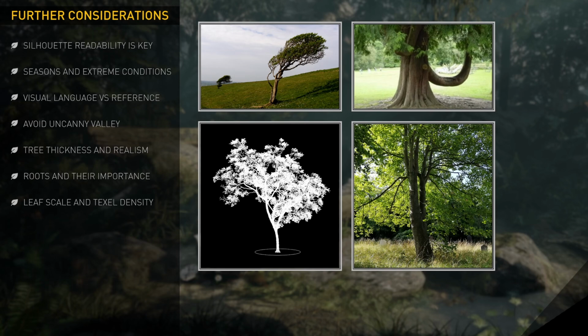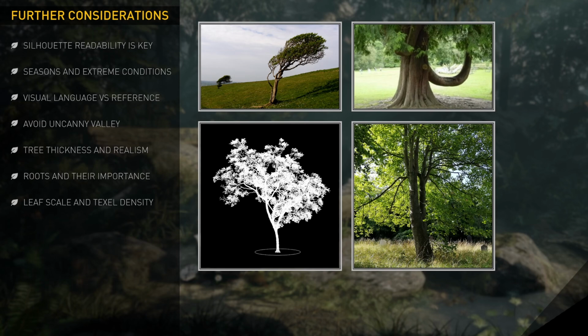But if you take a look at this black and white mask of a tree that I've created in Speedtree, I hope you see that this is looking like a tree, even in the silhouette. Otherwise, I would have done a very bad job. So making something that looks like vegetation from far away is pretty much the first thing you should think about when designing or driving the silhouette in Speedtree and you create your plant.